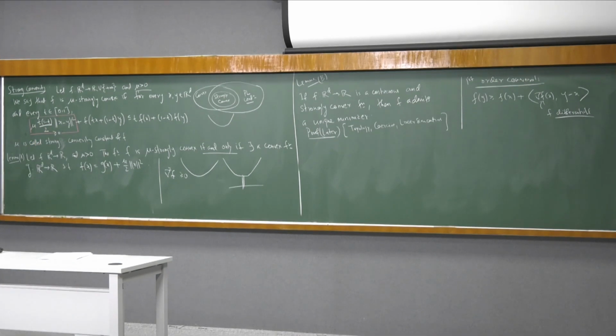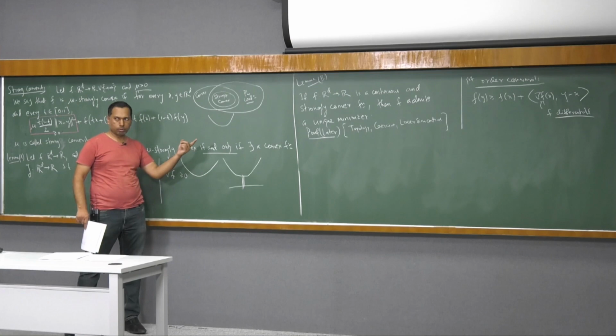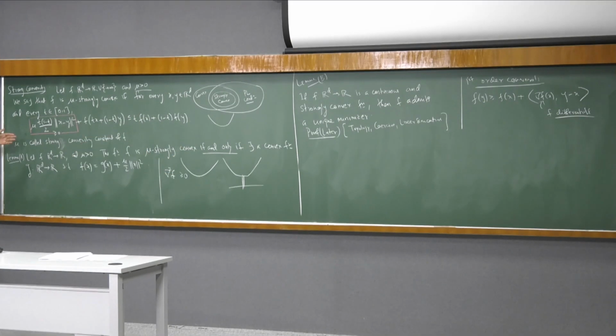This is also a form of strict only, because mu is strictly greater than 0. Intuitively, it will never allow flatness. Strictly is included here in some sense, because if I have some positive term here, then if I remove this, strong implies strict.